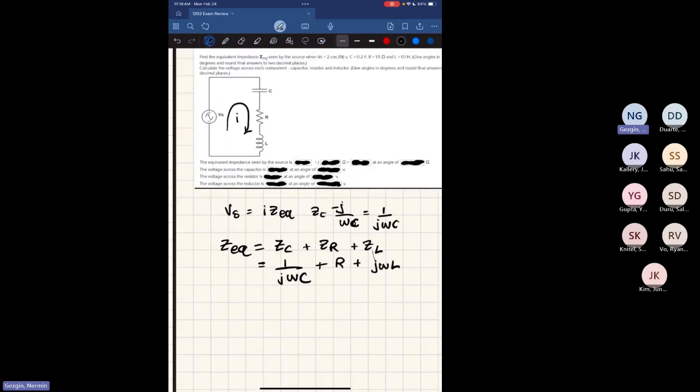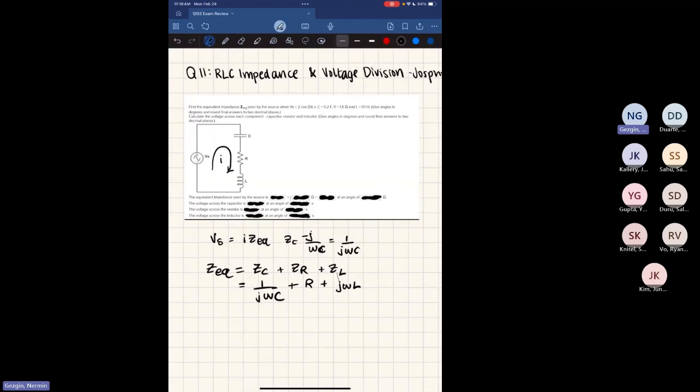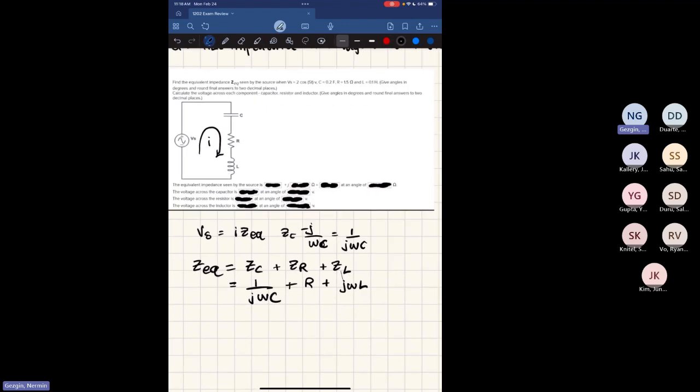So now this is where we do have to use our complex numbers. So first start with plugging in what we do know. So for w, we can go towards the voltage.